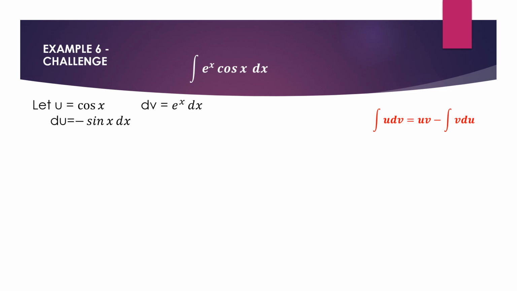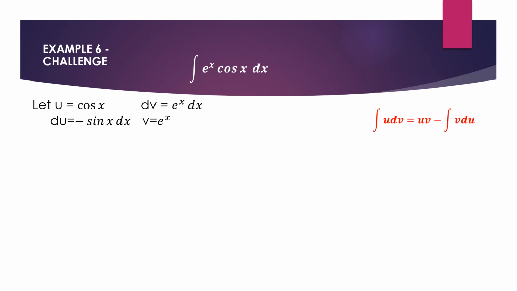Let's see our last example, integral e^x cosine x dx. This is a little bit challenging question, so pause the video to see whether you can find the solution yourself. According to the LIATE, e^x is exponent and cosine x is trig, so we set u equal to cosine x, dv equal to e^x dx.